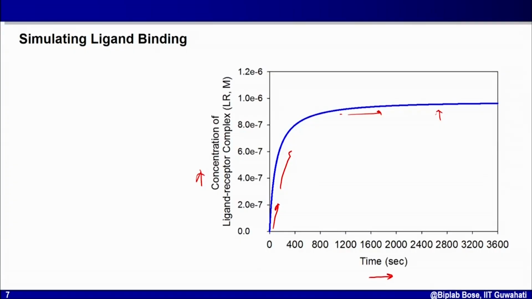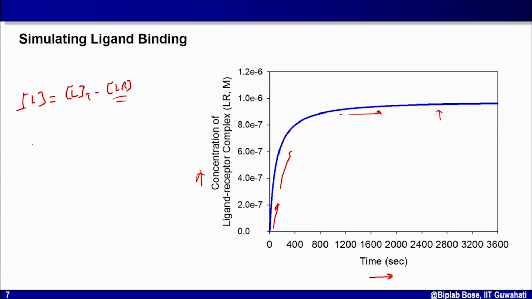I can also plot the concentration of free ligand, because the concentration of free ligand is nothing but L total minus LR. In the case of JSIM simulation, JSIM will give me the LR concentration, that's what is plotted here.